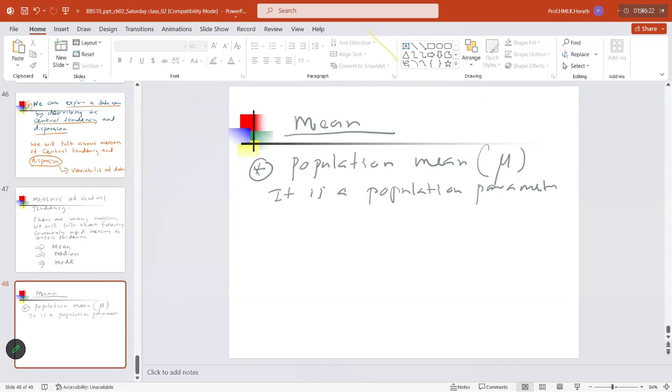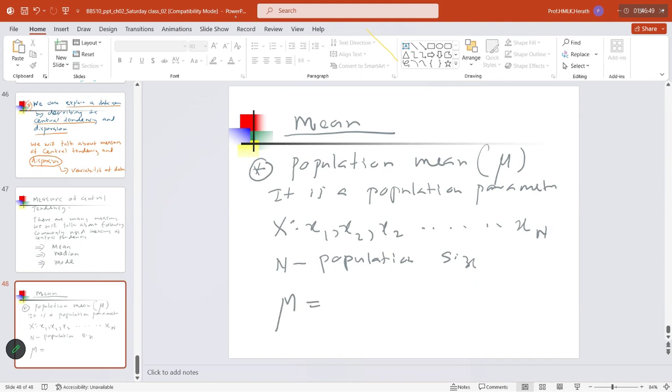Say we collect data from all individuals in the population. Capital N is the population size. Then mu equals, so please give me a minute.